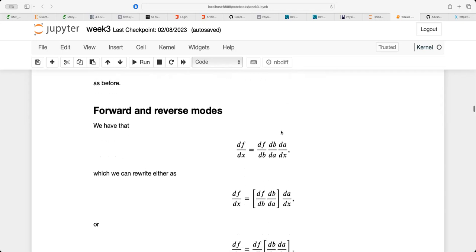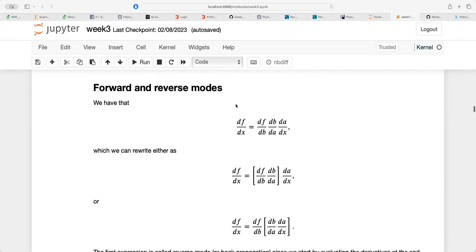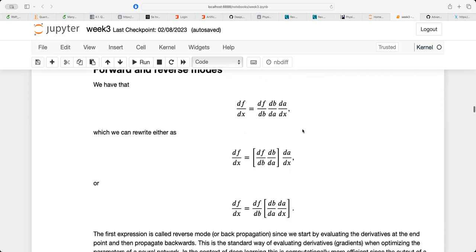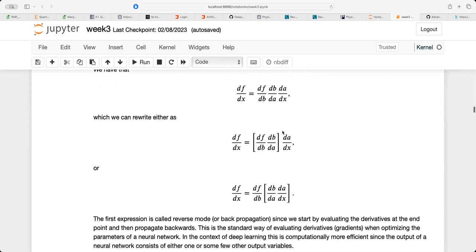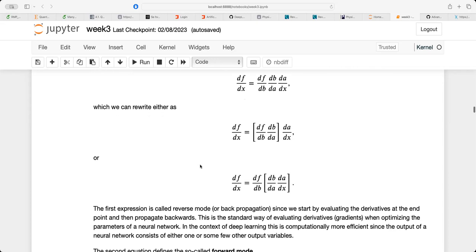So there are 2 ways, if you look at this expression which you have here, you can now split it either like this or like this. Here you start with the endpoint, and this would be called reverse mode. So you start at the end, and then you calculate the final derivative dA dx. Now, in neural networks, this is the standard.